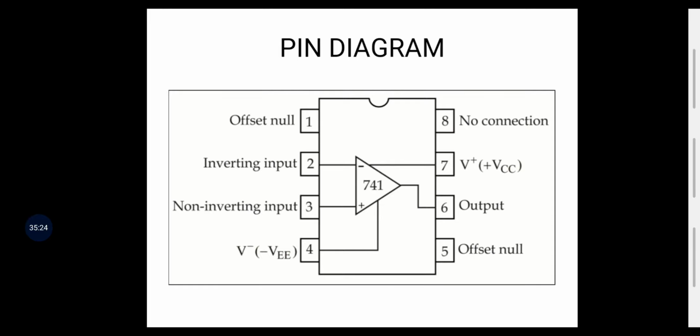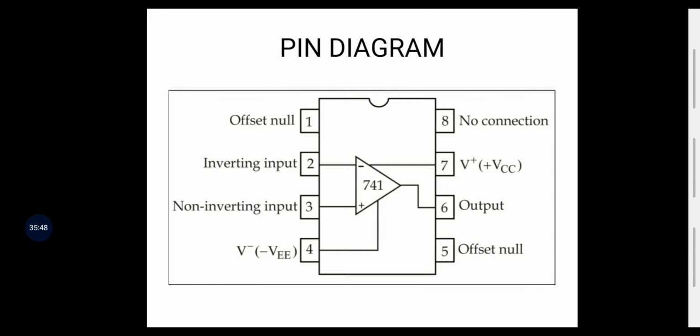So the minus VEE voltage is the fourth pin. Next, the plus VCC voltage is the seventh pin. Next we take the output from the sixth pin; the sixth pin gives the output voltage.